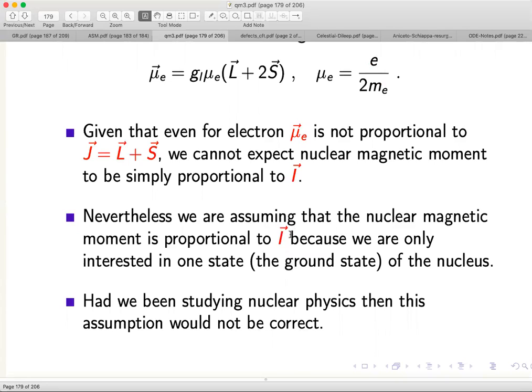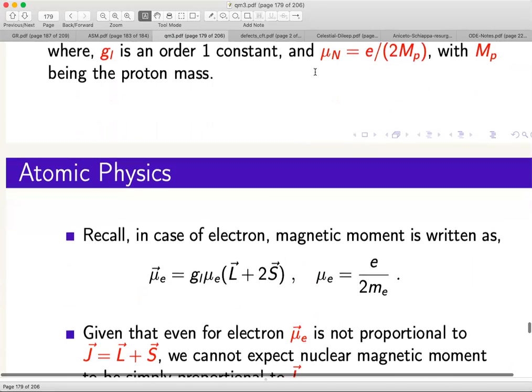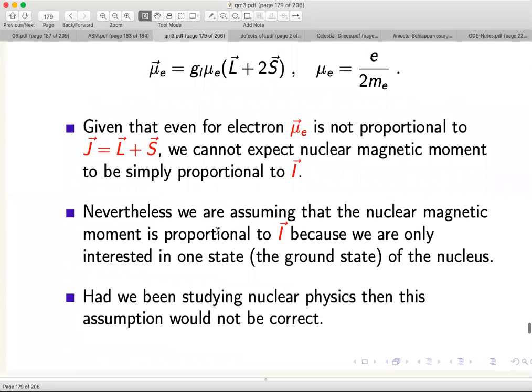We choose this for the ground state because we just say that we have a state with fixed nuclear angular momentum, and we are not going to look at any other nuclear state. How the arbitrary state nuclear magnetic moment depends on I is something that we don't know. Like for example, even in case of electron, it is not just a function of J, but it is J plus S. So it may be a complicated function of I and some other kind of effective spin quantum number of the nuclear system.